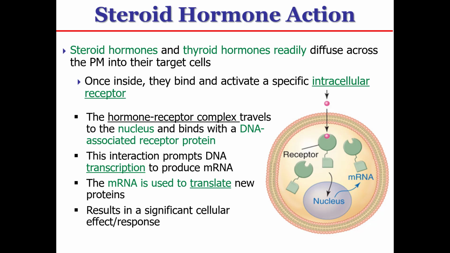So when they arrive at their target cells, we don't see a receptor being presented on the surface facing the ECF compartment. The solubility, like dissolves like, means that steroid-like hormones can use the fatty acid chains in the plasma membrane to dissolve directly across the barrier and have access to the inside of the cell.